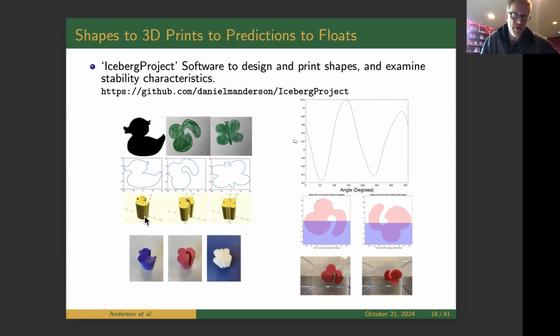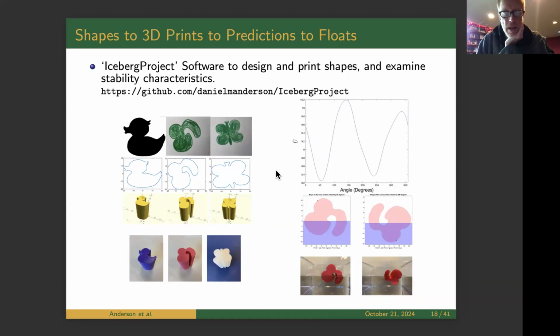If you use the extrude command, you can print any of these shapes and send that to the printer. Here are 3 shapes: a duck, this one we call the monster, and this one is a butterfly. So you have these physical objects now.